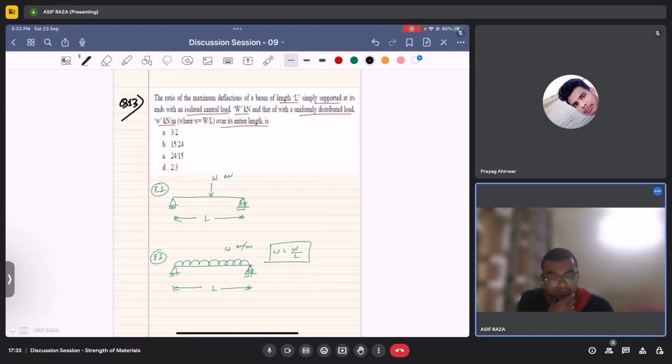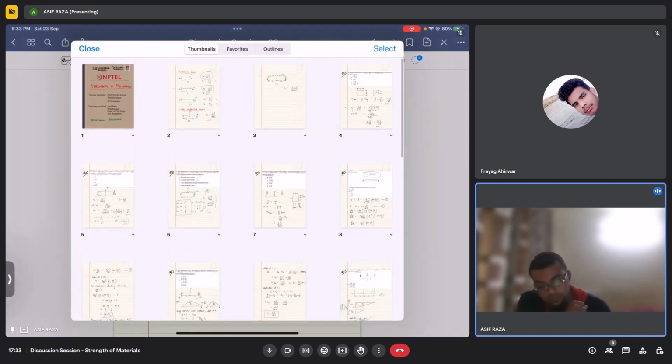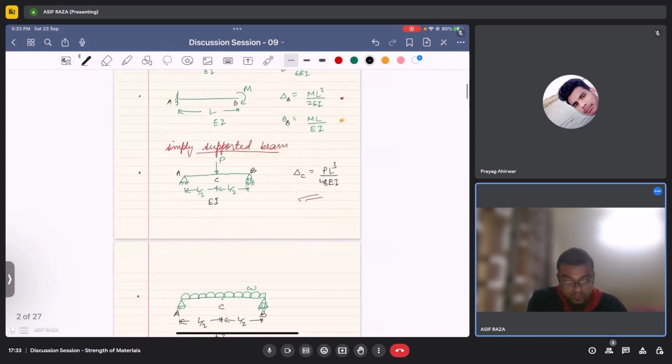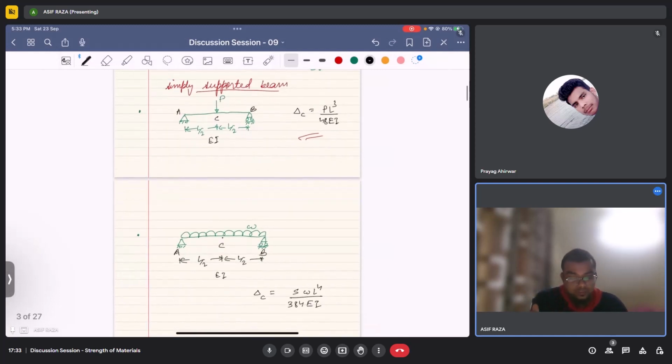Now, again, let's just find it. A, B, C, A, B, C. So again, I'll just show this one. Simply supported beam, two cases.